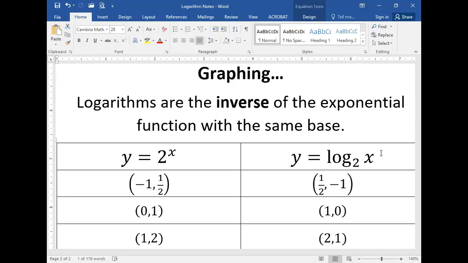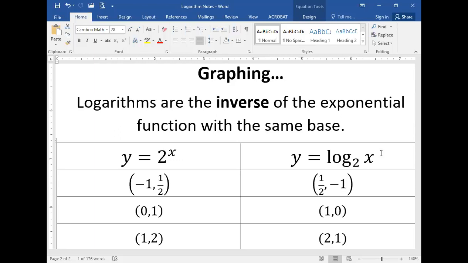Do you have to memorize those? No. Every time you're asked to graph log base 2, you could just ask yourself, do I know the 3 critical points for exponential base 2? Write those down, do a quick swap, there they are. Not necessarily something I want you to memorize, something I would prefer that you understand.